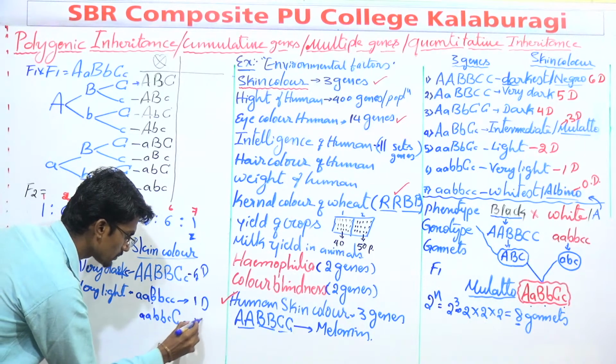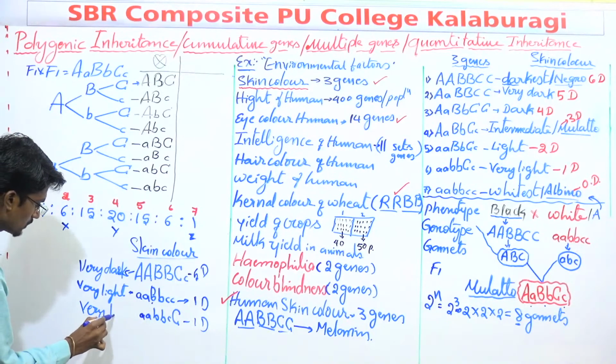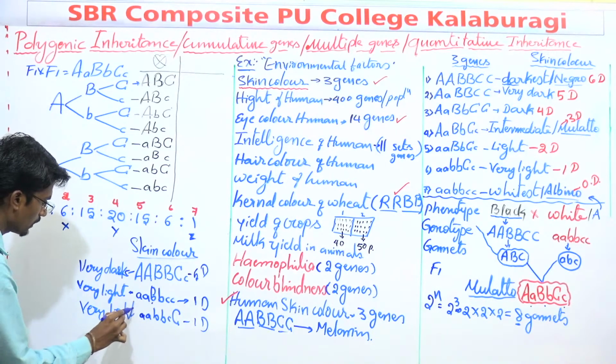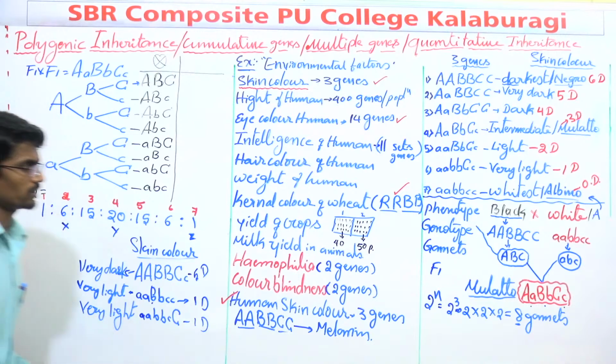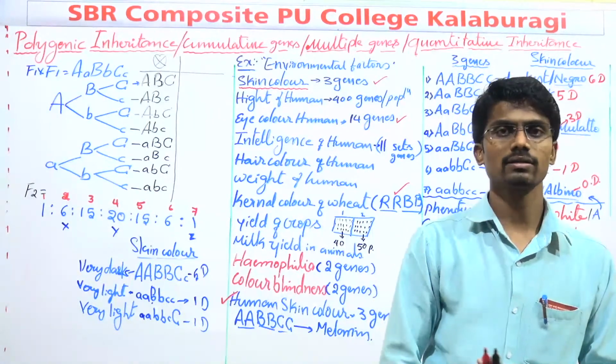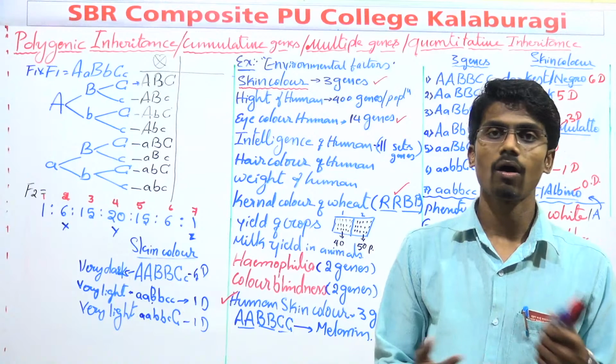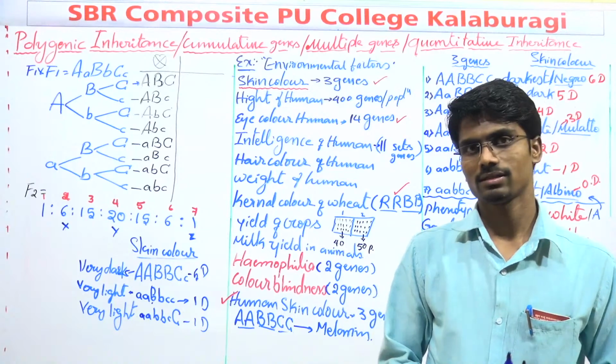Only one dominant is present. What is the skin color? Same, it is very light. So it is very easy to guess the phenotypic characters based on the number of dominant or recessive alleles.